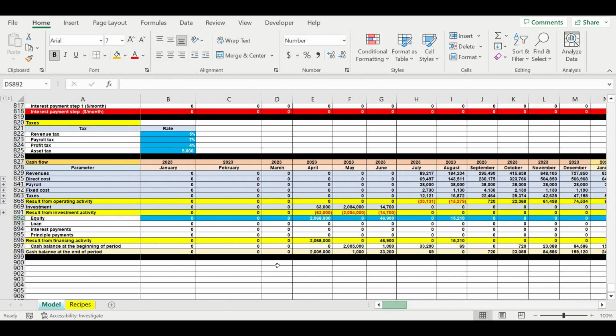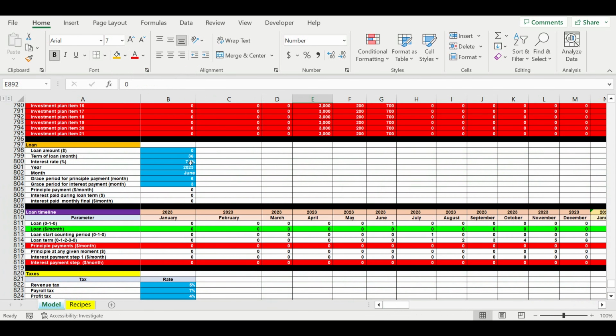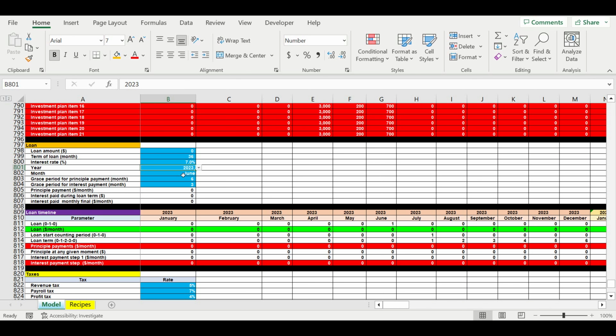And now, for example, let's add a loan. So for example, in April 2023, I'm going to get a $1 million loan.